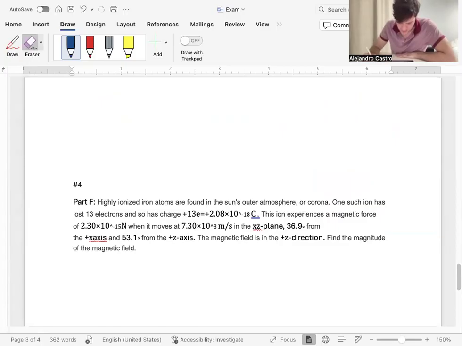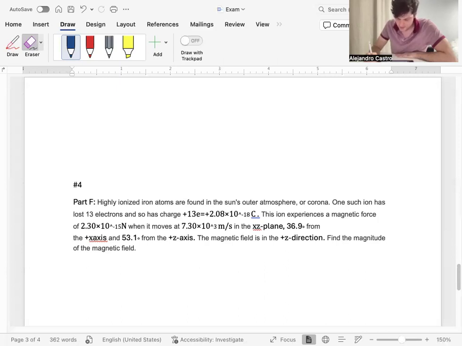One such ion has lost 13 electrons and so has charge positive 13e equal positive 2.08 times 10 to the power of minus 18 C. This ion experiences a magnetic force of 2.30 times 10 to the power of minus 15 Newton when it moves at 3.30 times 10 to the power of 3 meters per second in the xz plane, 36.9 degrees from the x-axis and 53.1 from the positive z-axis.